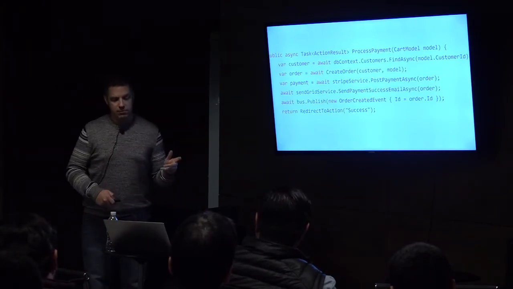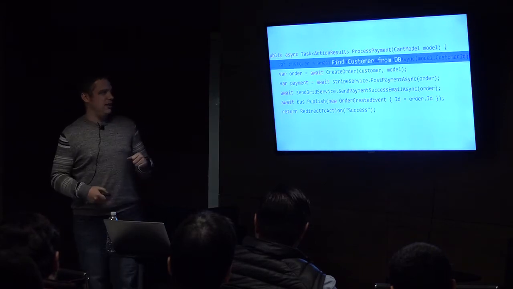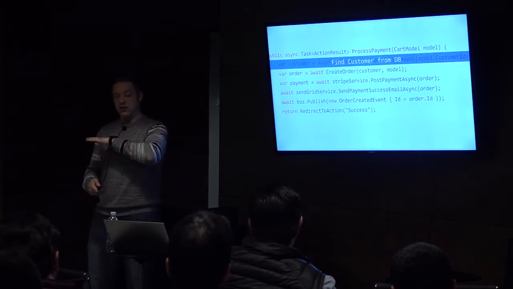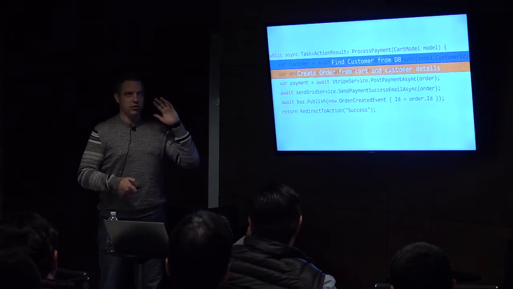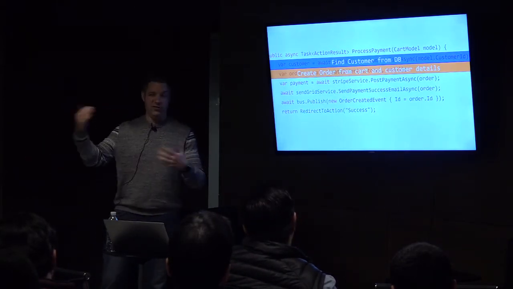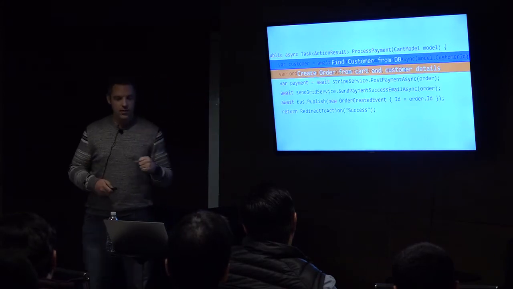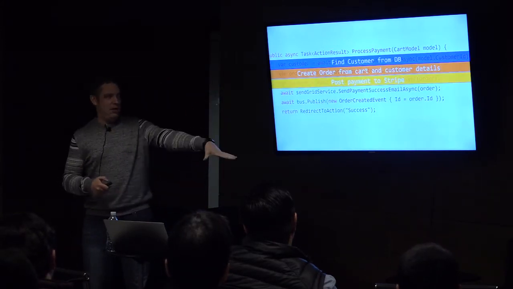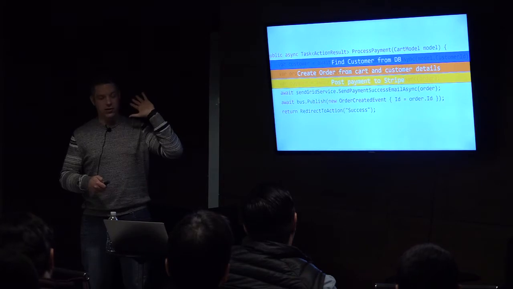And so it did all of this as part of the button click. So the first thing it did was find the customer information from the database. It would create the order from the cart and the customer details that it found from that customer plus the cart information. The next thing it did was post the payment to Stripe based on the cart information.